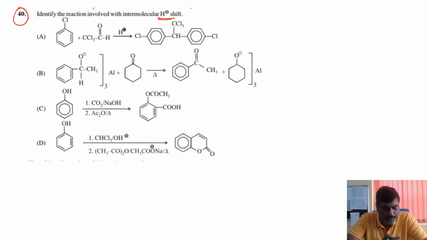In the A option, you see that chlorobenzene reacts with chloral, CCl3CHO, in the presence of H plus. You know the course of this reaction, that very first this one is protonated, so its electrophilicity is increased. Chlorobenzene will be attacking here, and initially you will get here the Cl.